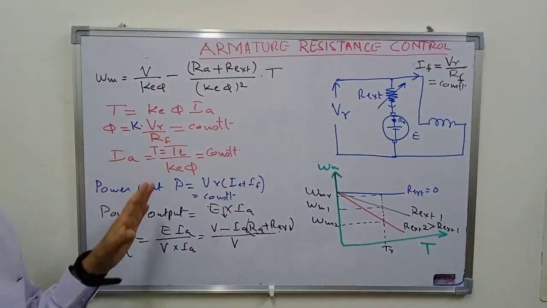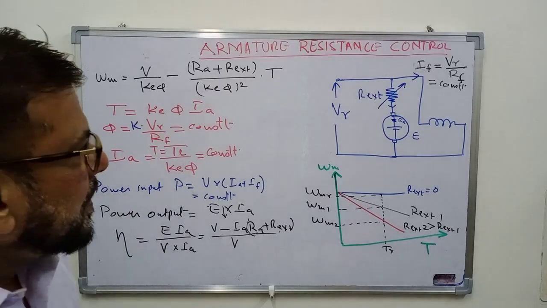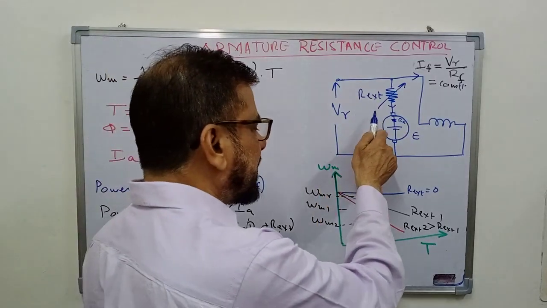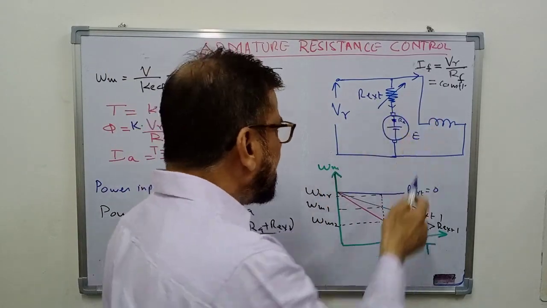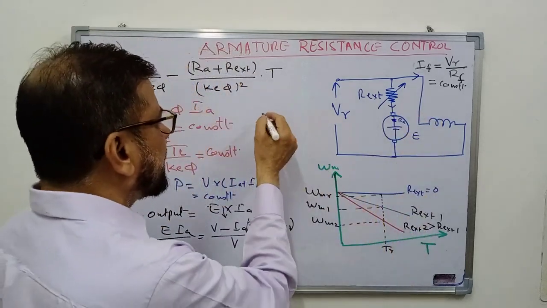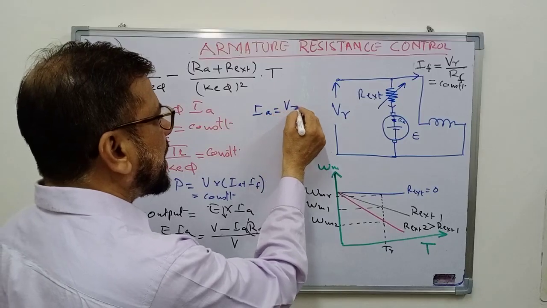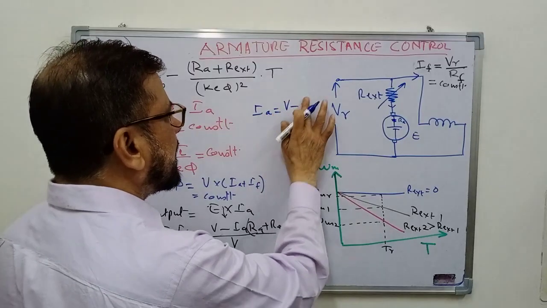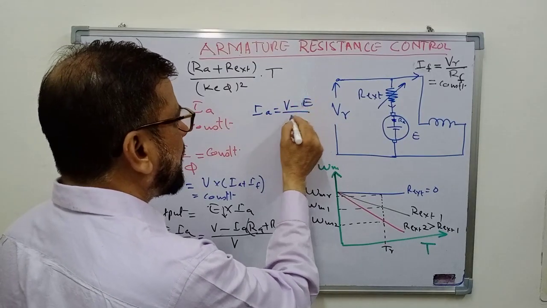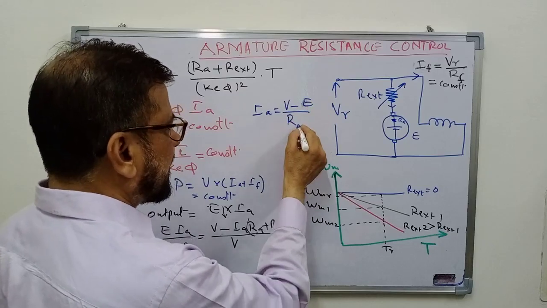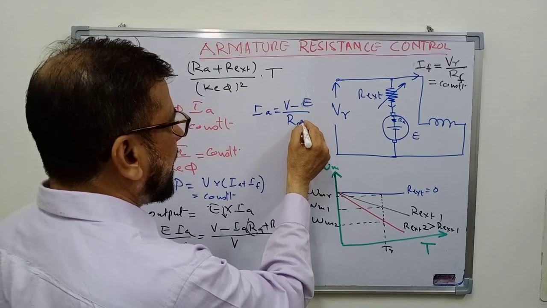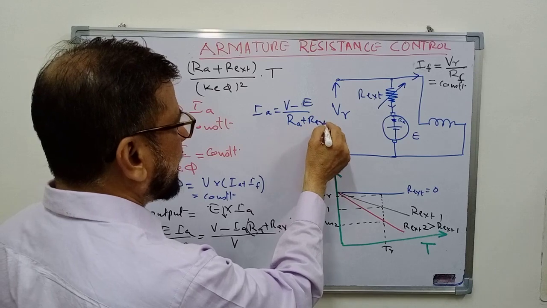So this you can understand very easily. What happens when you increase the resistance? In the beginning, when you increase the resistance, the current drawn by the motor is given by V minus E, the back EMF, upon the resistance, that is RA plus R external.